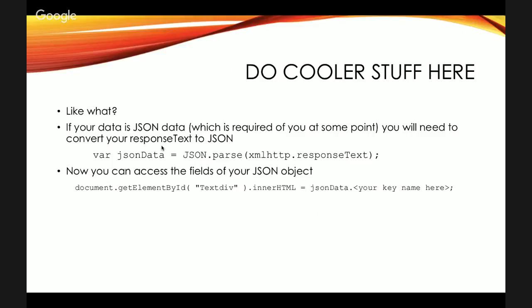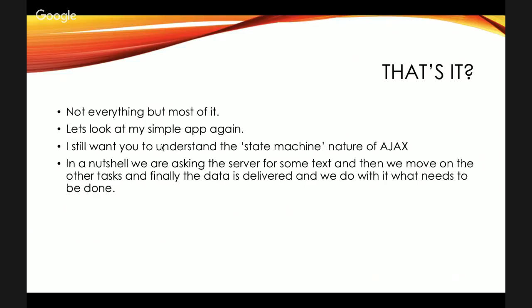And here at the last line on the presentation, I do jsonData dot the name of the key field. Is that it? It is. That is it. There's really not too much to it. Those 6 lines of code are the things that you're going to do very, very frequently.